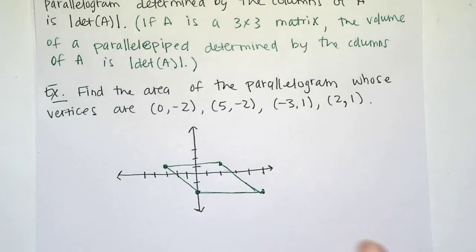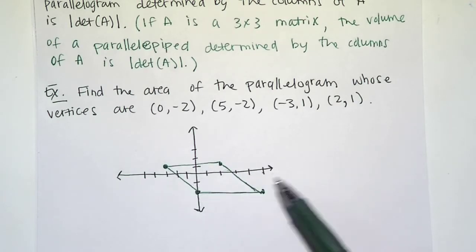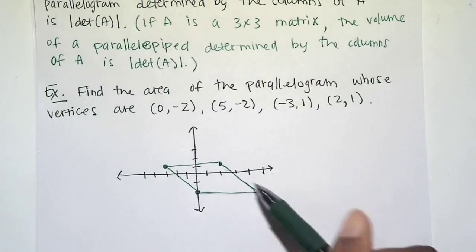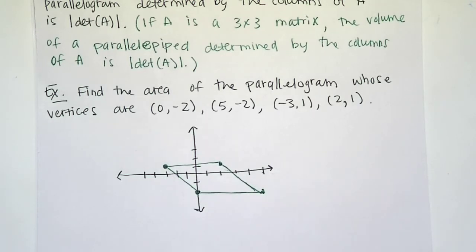This parallelogram is kind of difficult to figure out the area of because we have these vectors in random places. So what we want to do is translate the parallelogram so that one of these vertices lands on the origin, and that will really help us out.